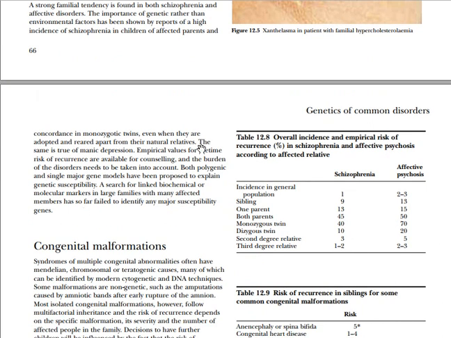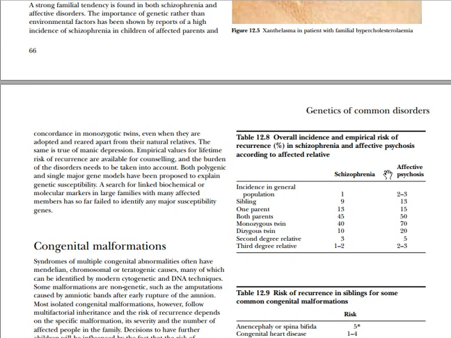So what are the overall incidence and the empirical risk of recurrence of schizophrenia and affective psychosis? Now you need to know that for schizophrenia, the monozygous twin is 40%, showing you that schizophrenia has a very high tendency of being inherited, and family degree relationship 1 to 2. Is it clear? So that is it.